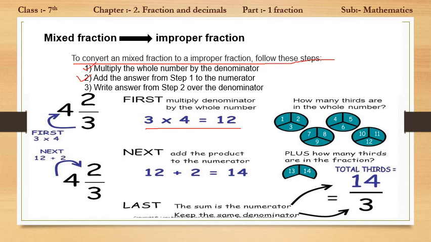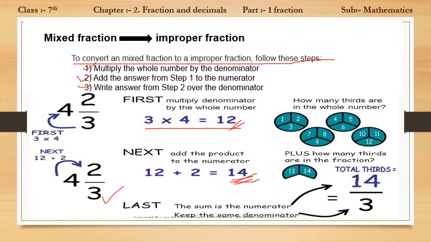The answer from step 1, 12, we have to add to the numerator. So 12 plus 2, the answer is 14. And the last step is to write the answer from step 2 over the denominator. We write the answer 14 over the denominator 3.